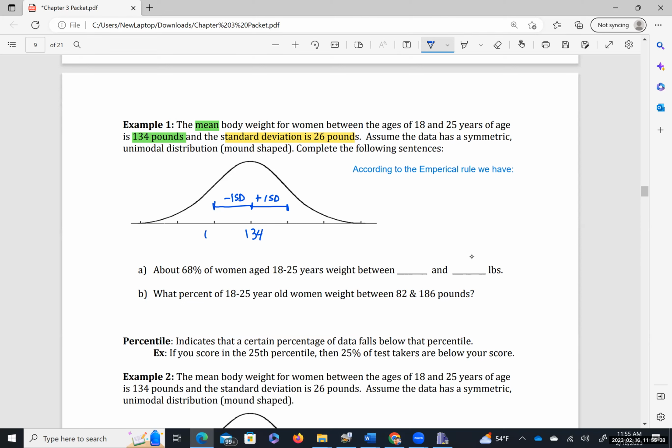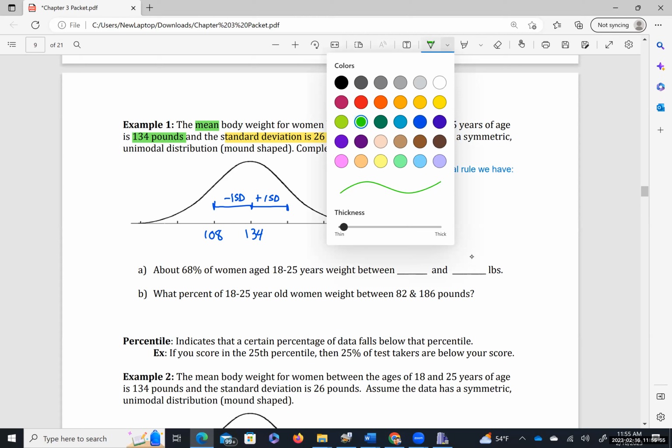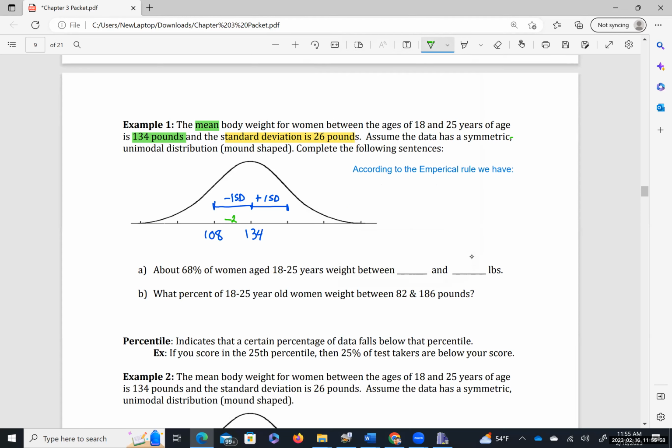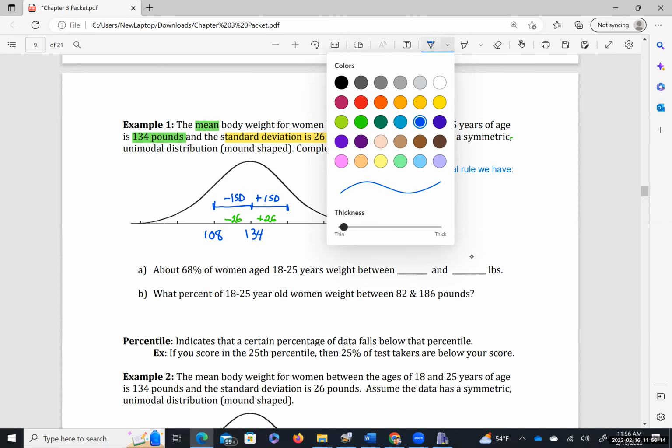Subtracting one standard deviation, which is subtracting 26, you get 108. Let me use some algebra for you. Subtract 26. And on the other hand side, adding 26, the right-hand side will be 160.